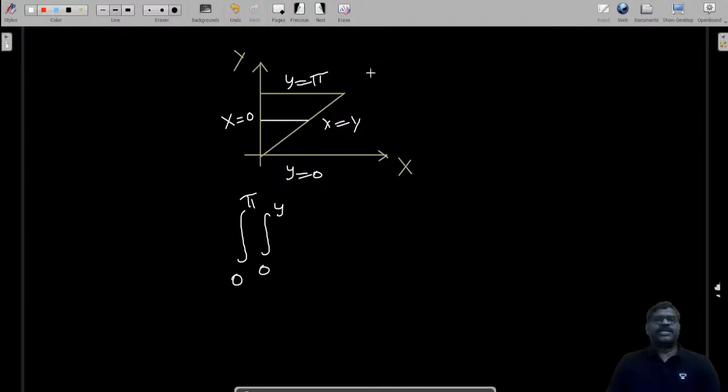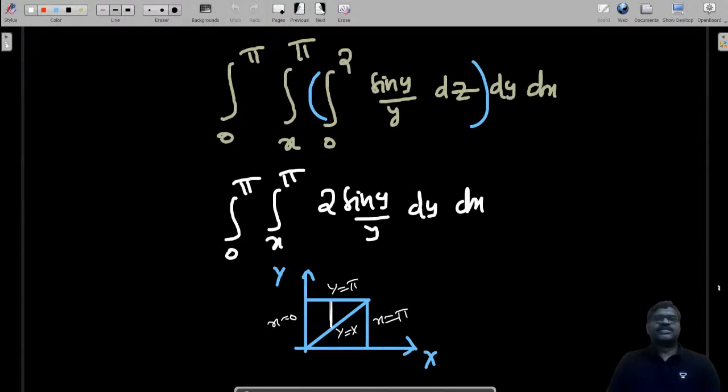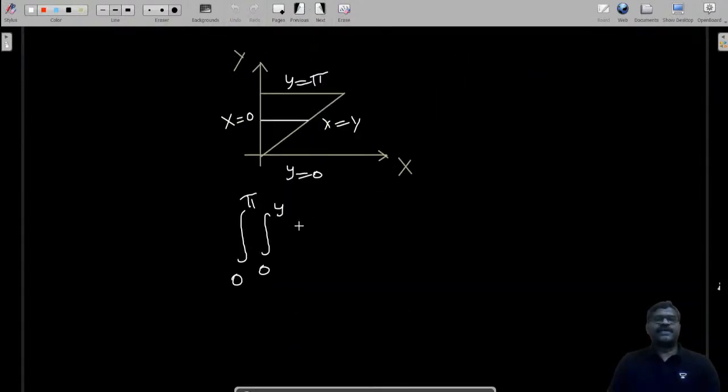Integral 0 to pi, integral 0 to y, 2 sin y by y, dx dy.